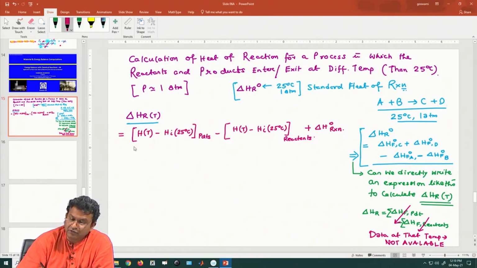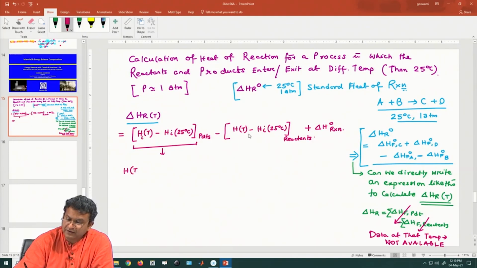And what are these? How do you calculate these? So, these are very simple actually. This is the ith component.